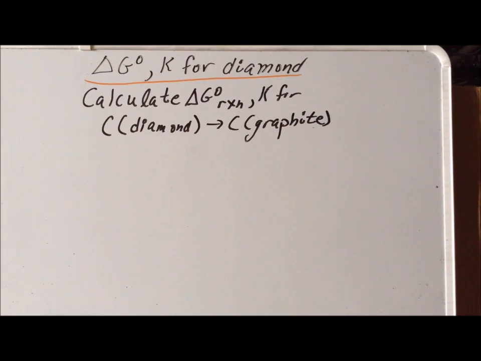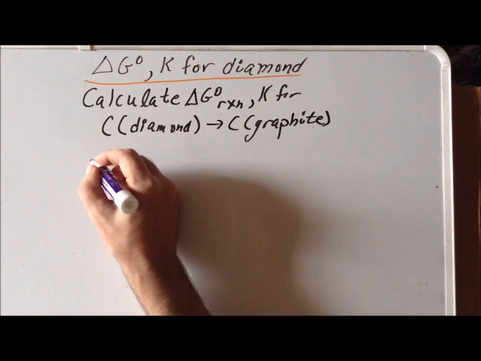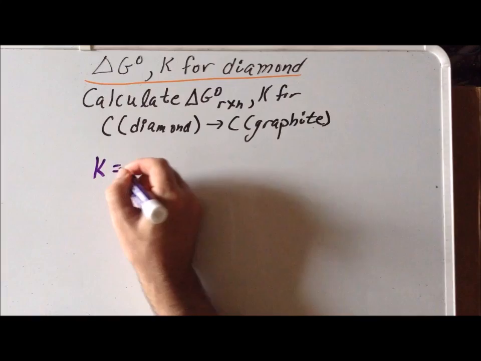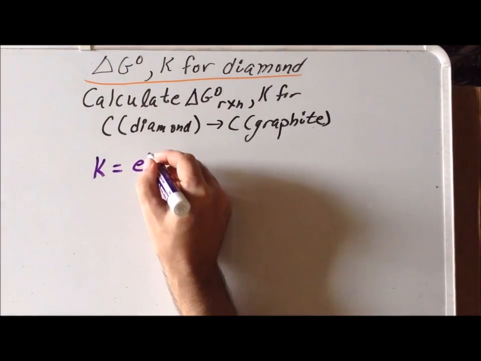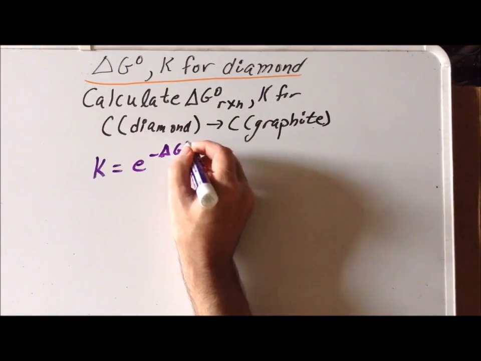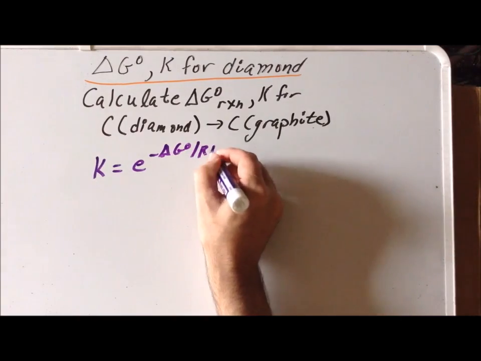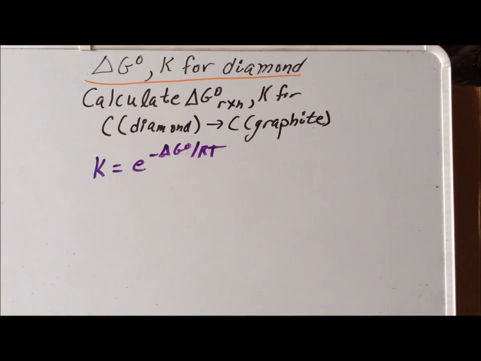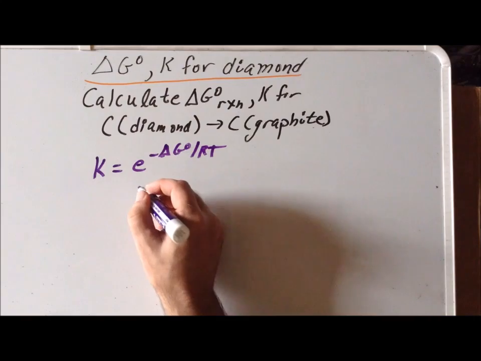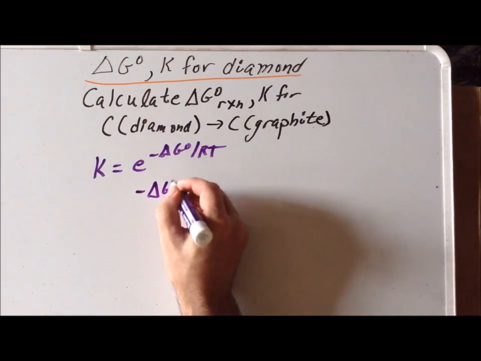Next, to calculate the equilibrium constant K, we are going to employ the relationship that K is equal to e to the minus delta G naught divided by RT. So let's first calculate the delta G naught over RT part.